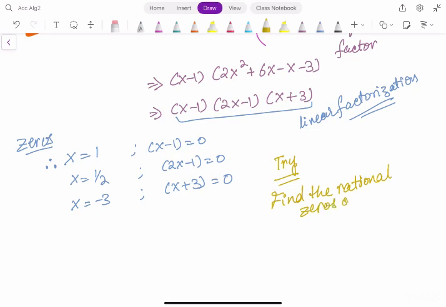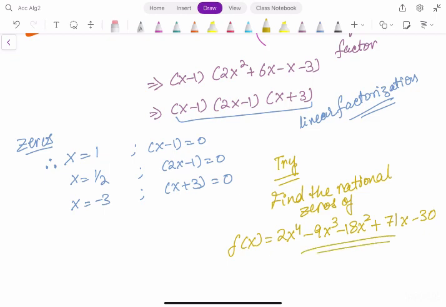Find the rational zero of this lovely equation. And then after this, we will jump to another concept that is called conjugate pairs.